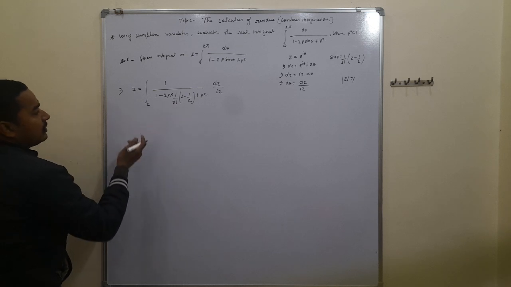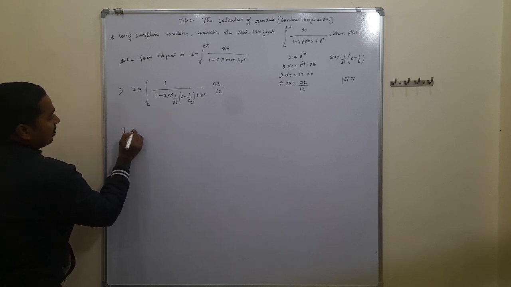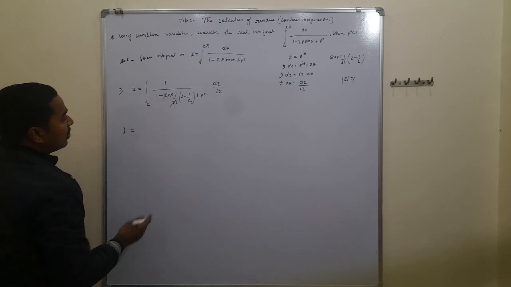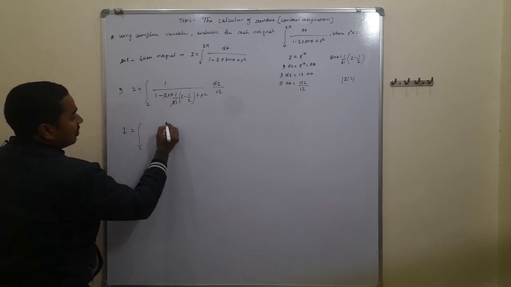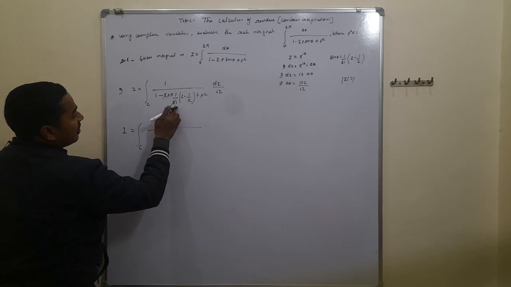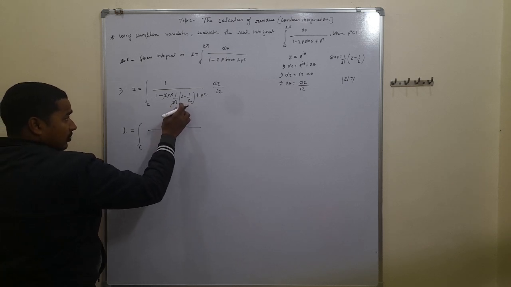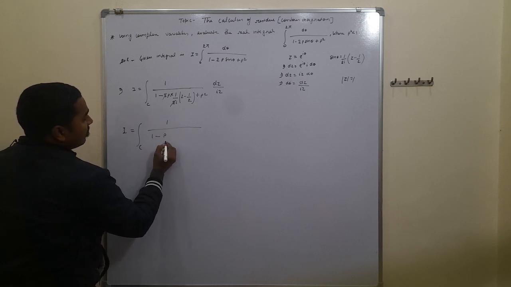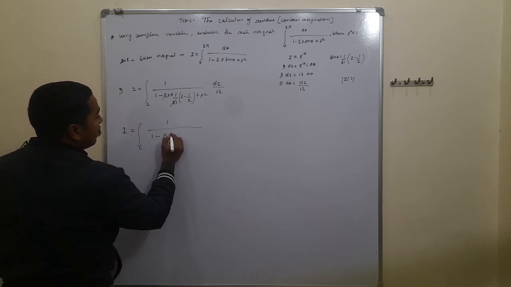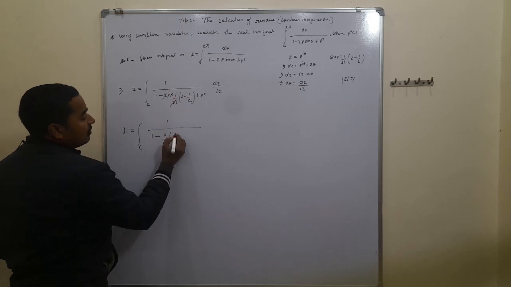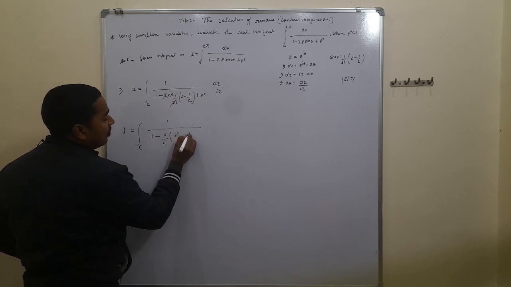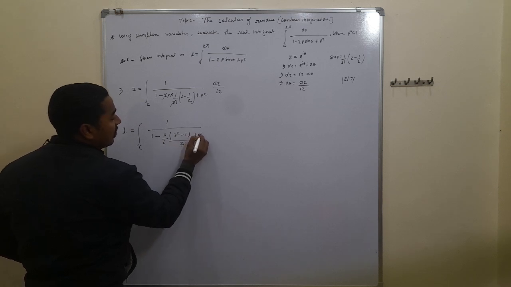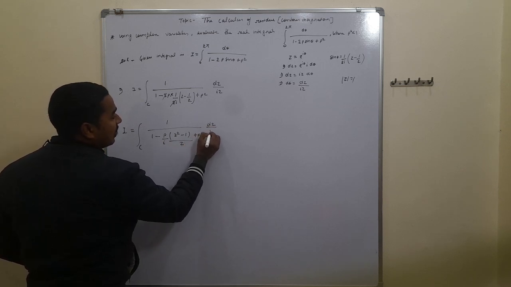Further we have to take LCM in the denominator. We can cancel the 2 with 2, then remaining is closed integral 1 upon 1 minus p upon i, and taking LCM, z square minus 1 upon z plus p square, and dz upon iz.